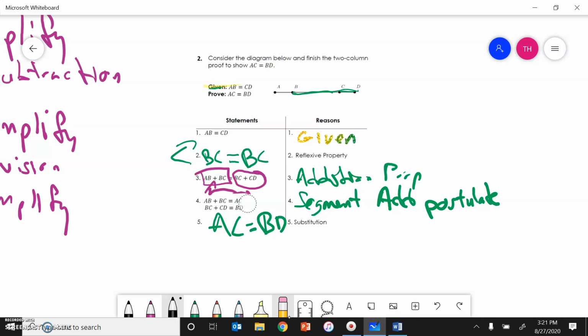This BD right here, they are taking and substituting it for that. Since AC equals AB plus BC and BD equals BC plus CD, then they should equal each other by using the substitution property. Okay?